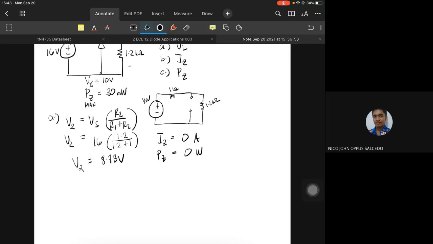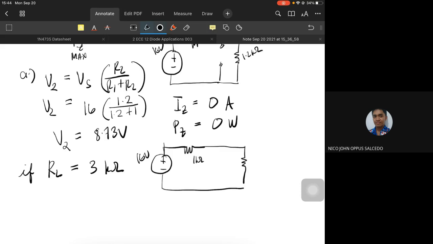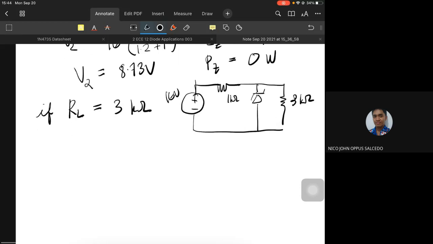So we need a new value for RL. What if RL is 3K? This time, 3 kilo ohms. Same again.